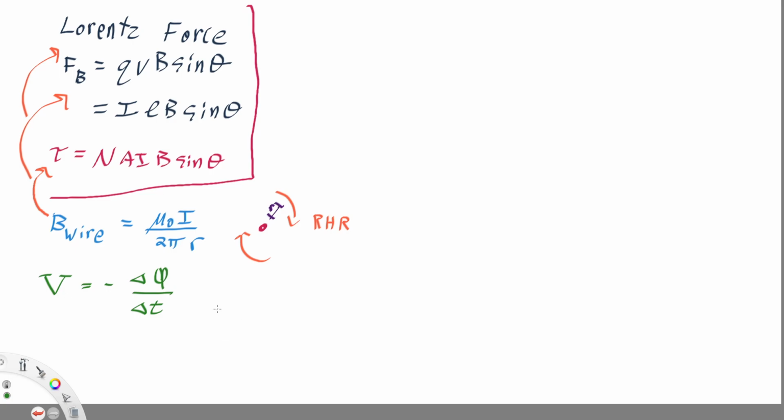If you put together these two things, the B field produced by a current, combined with the voltage produced by a changing B field, you get all sorts of things. You get transformers.